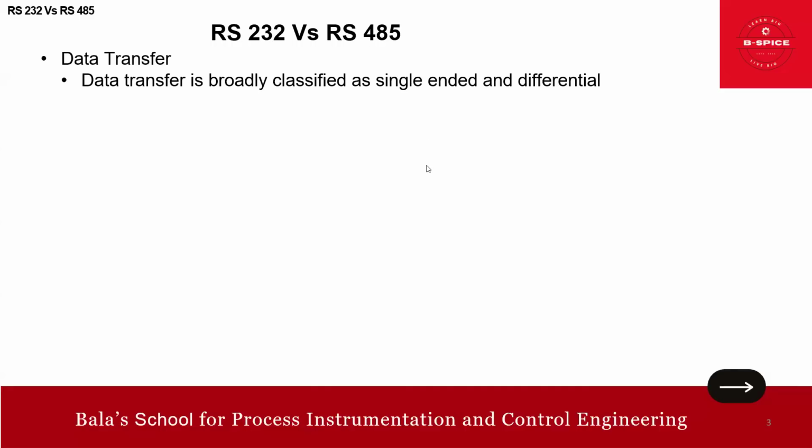Now, differential. Differential data transmission uses two wires, one carrying the original signal and the other carrying an inverted version of the signal. So the receiver measures the voltage difference between the two signals, cancelling out any common mode noises. That is the beauty of differential.